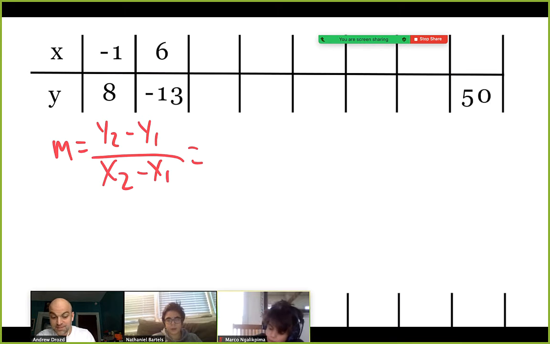We're going to be plugging in 6 minus 6. So we're looking at the y values. It's change in y over change in x. Negative 13. Yes. Plus 8. So I can see that there's a minus sign here, so it's negative 13 minus 8.